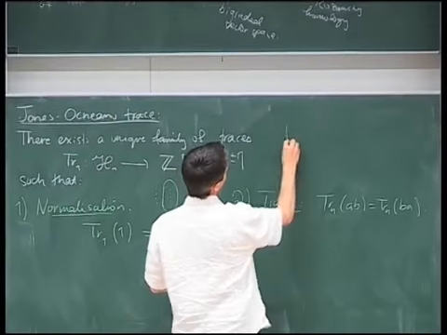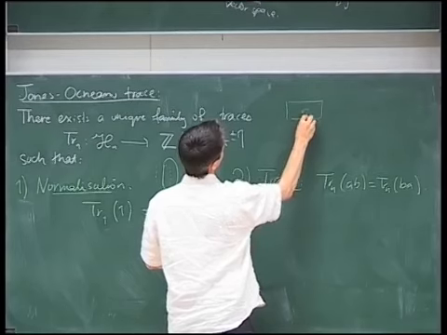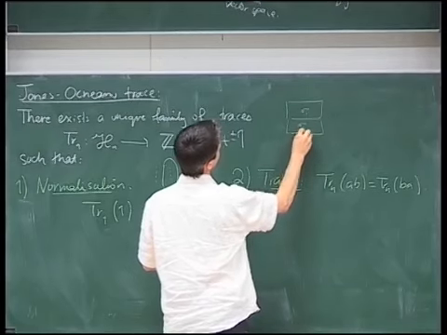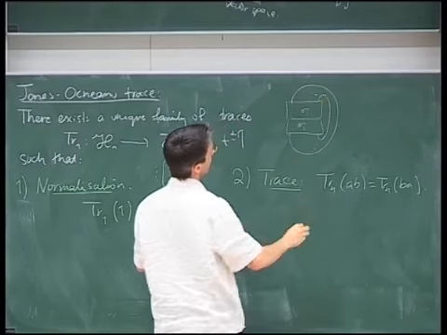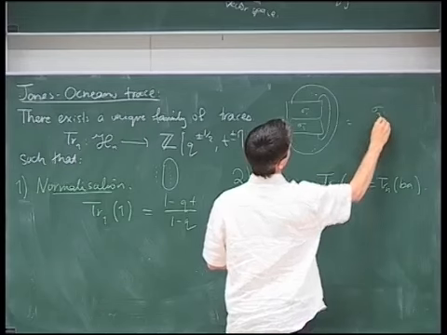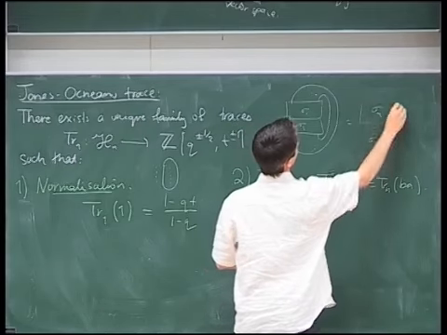This says if I take sigma 1, sigma 2, and close it off, that's the same as sigma 2 and sigma 1.